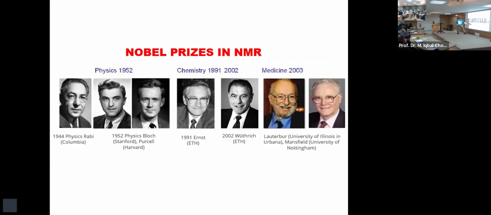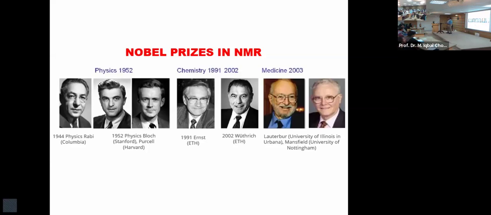And Professor Kurt Wüthrich from the same institution in Switzerland. He was the first one. He was working from the 1970s on the biochemical use of NMR spectroscopy. It was an organic chemist's ballgame.